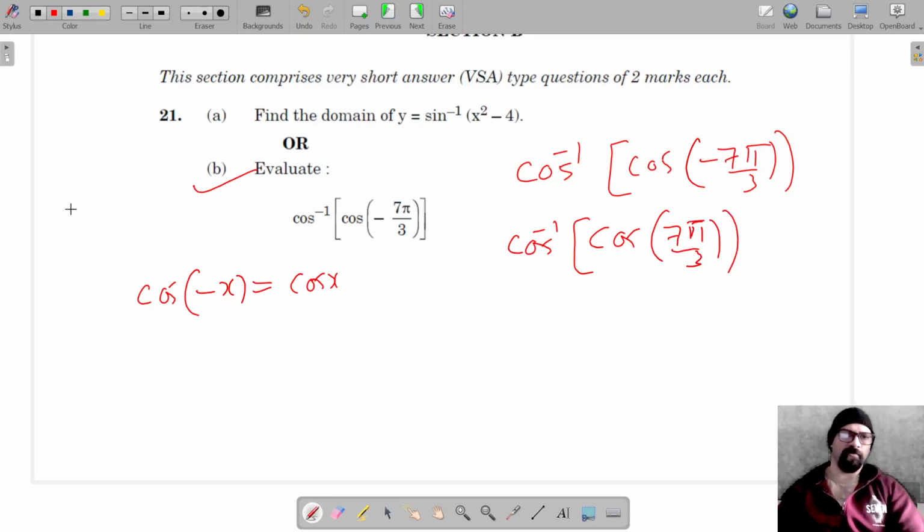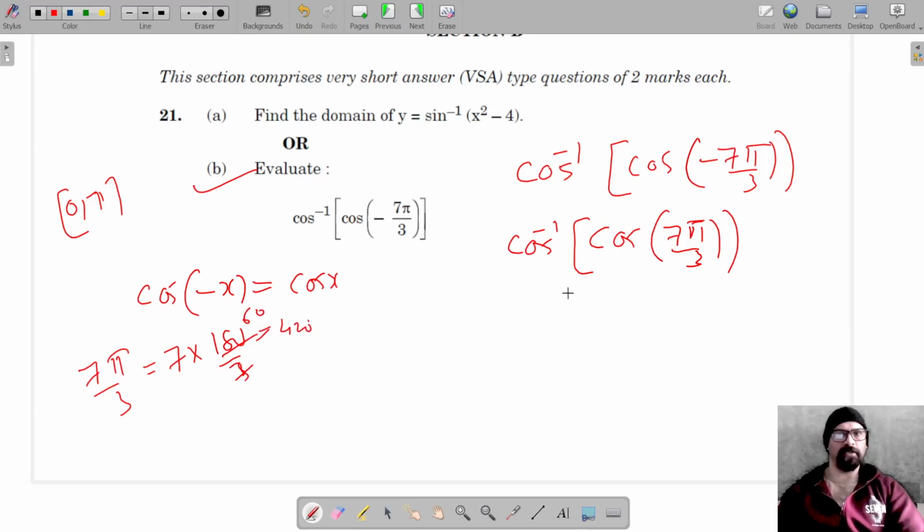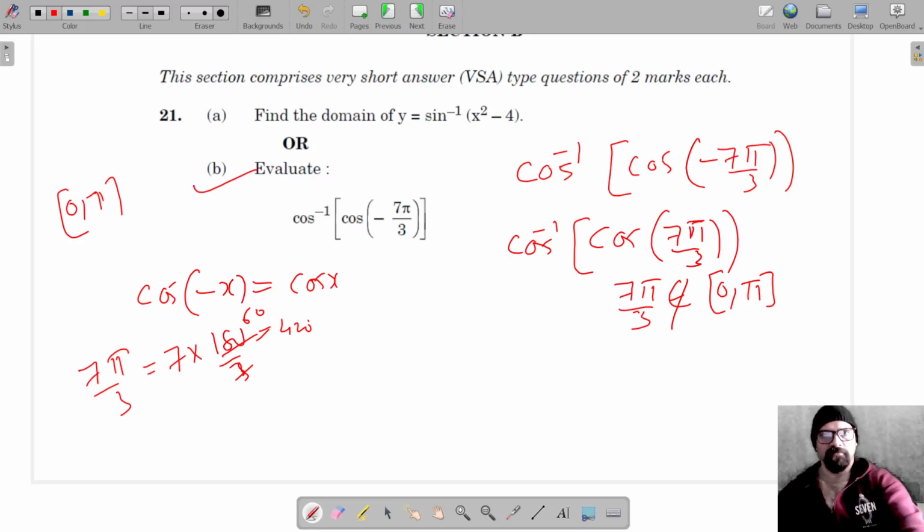Now the range of cos inverse is 0 to pi, and this angle 7 pi by 3, if we convert it to degrees, is 7 into 180 by 3, which gives me 420. And 7 pi by 3 does not belong to 0 to pi, so we will have to evaluate it further.